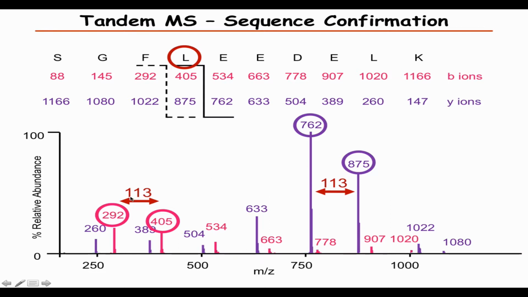We see that the difference between these two peaks is 113, and these two peaks is 113, corresponding to leucine. And then we can continue walking along the spectrum like this. And so what we see is that we get these differences between peaks that correspond to amino acids.